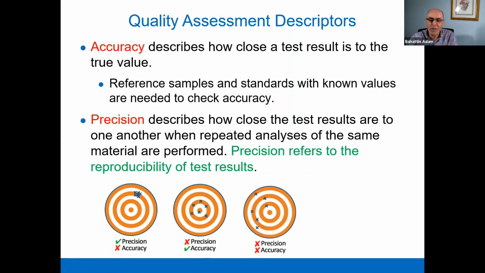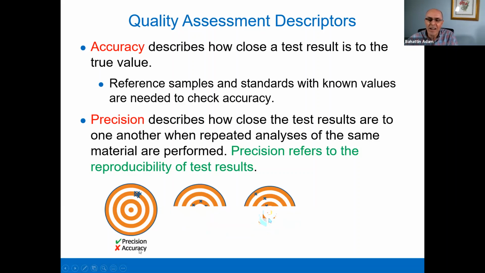And now, as you see in this case, the results that you obtain are not close to each other and not close to the target value. What that means is that the precision is not okay and the accuracy is not okay.